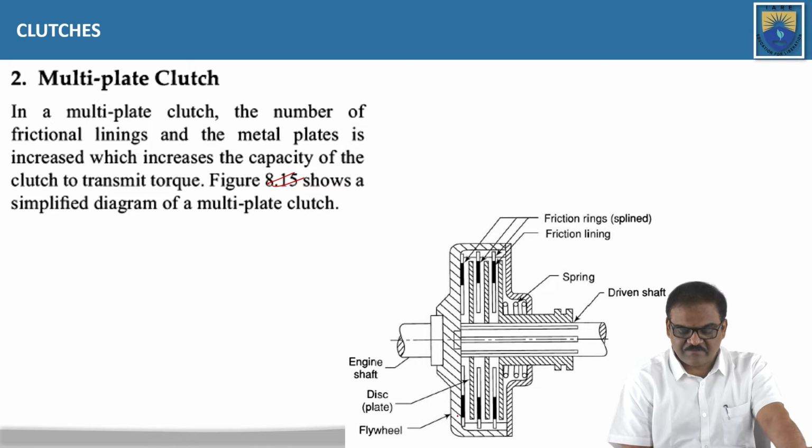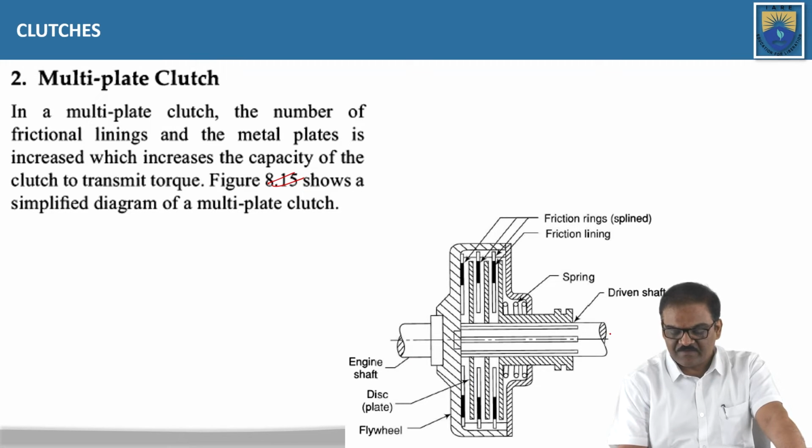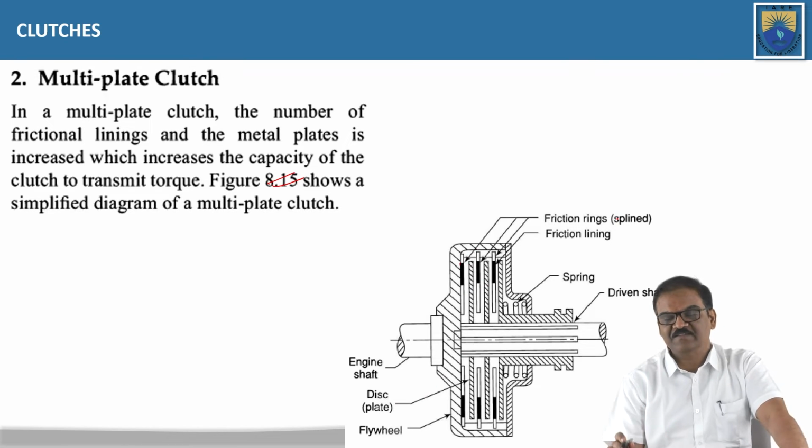Here we can see the flywheel, and this is the disc plate, and this is the engine shaft, and this is the driven shaft, and there is a spring that keeps the friction rings and friction lining intact as a stack of friction contact. These are the disc plates, and these are the friction rings.